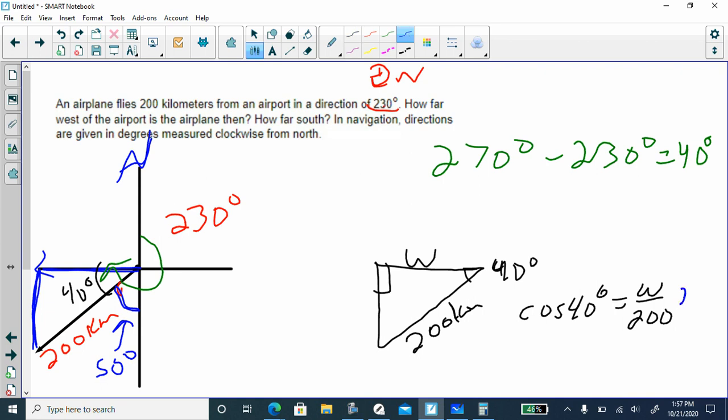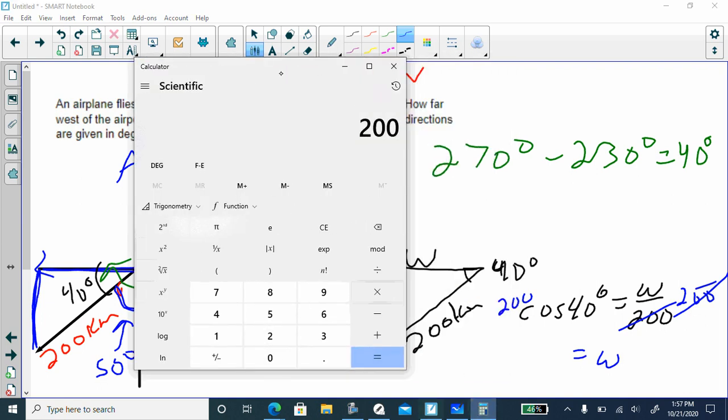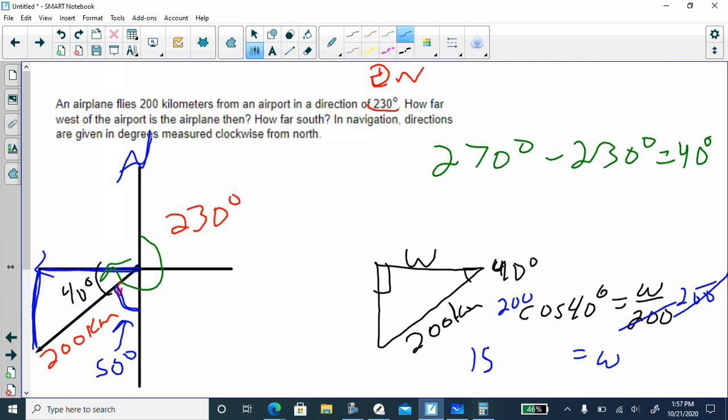If we multiply both sides by 200, those would cancel. So west is whatever we get when we do 200 times cosine of 40, and that has to be in degrees. So about 153 kilometers. That's how far west, or how far to the left, we've gone.